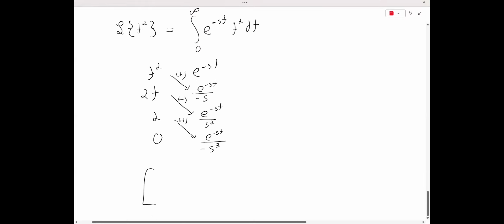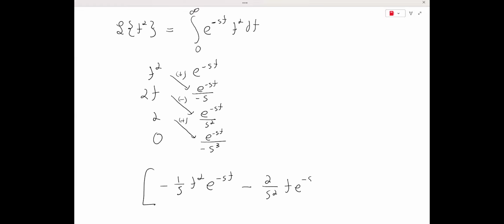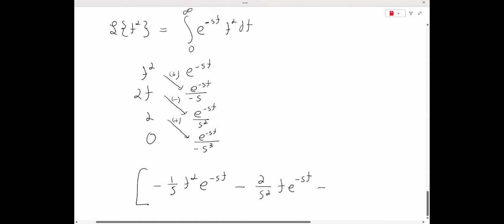That would be negative 1 over s, t squared e to the negative st. Next one would be minus 2 over s squared, t e to the negative st. Minus again, now it's 2 over s cubed e to negative st, evaluated from 0 to infinity.